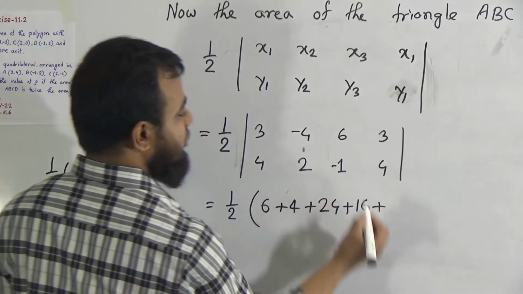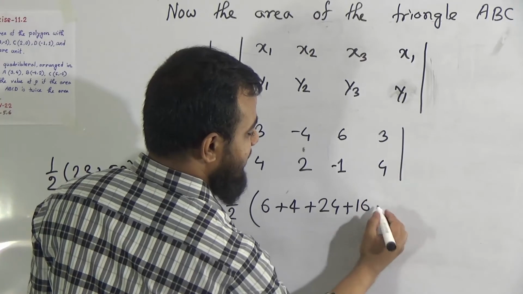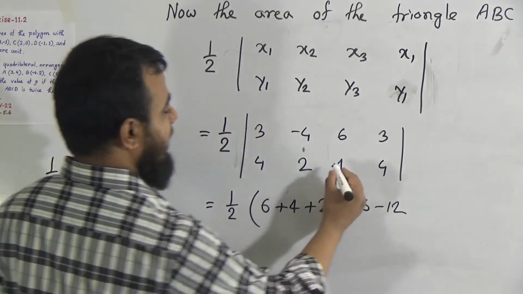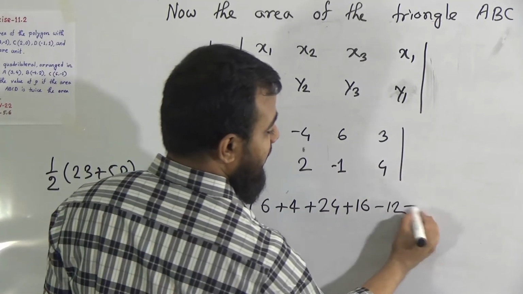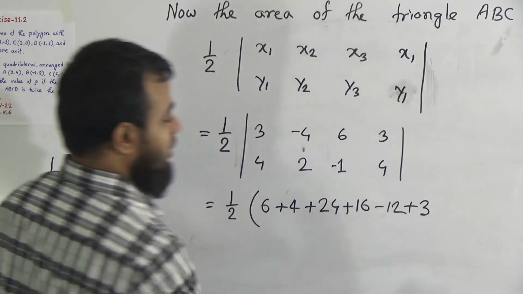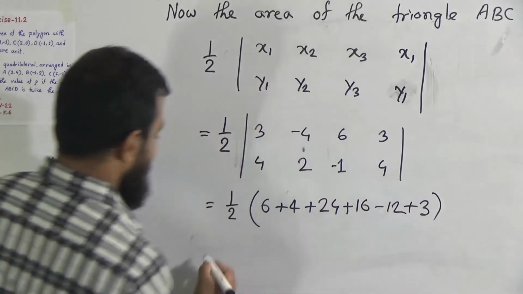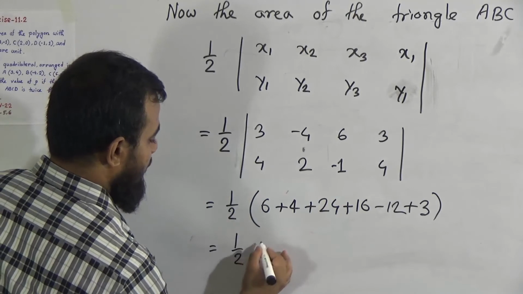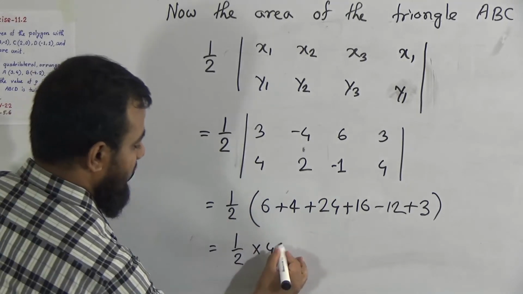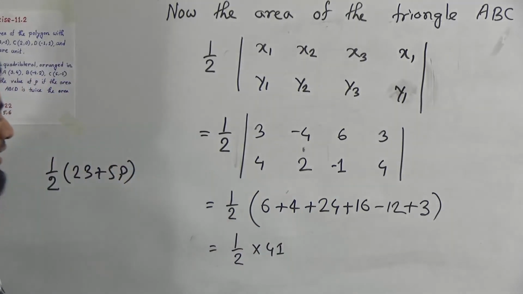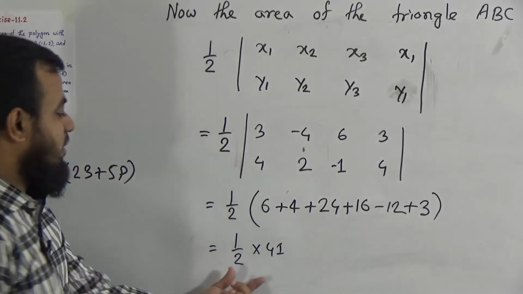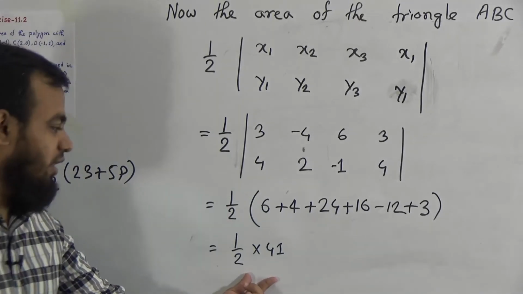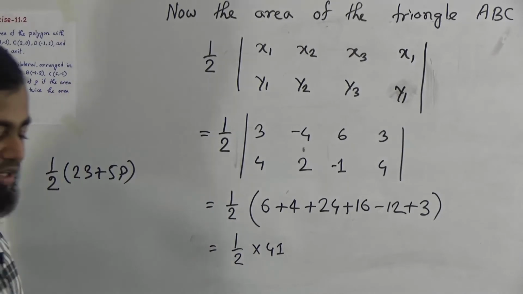Then 2 and 6 makes 12, it will be minus 12, and minus 1 and 3 makes minus 3, but it will be plus 3 because of the minus sign. Now it will be half of 41. My dear students, it is half of 41, the area of the triangle.